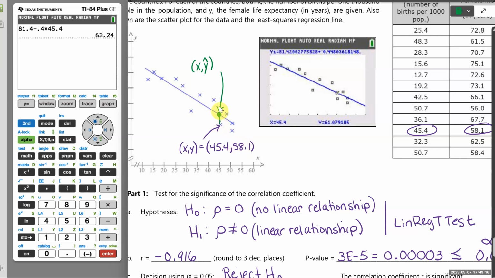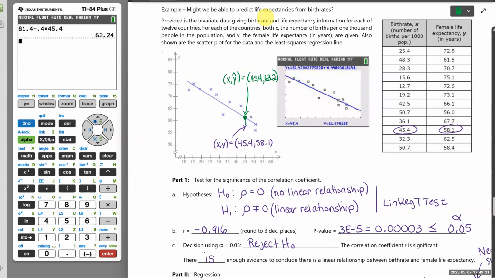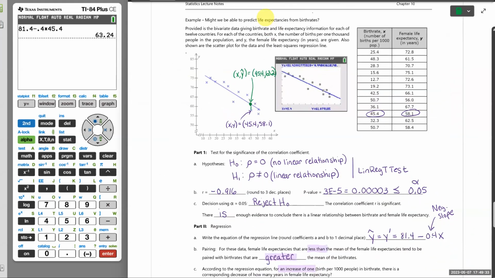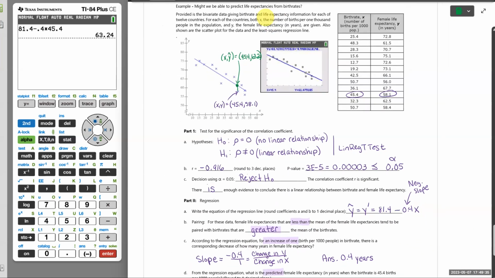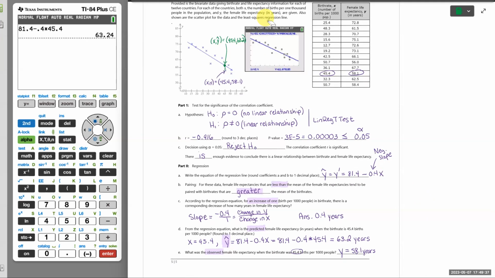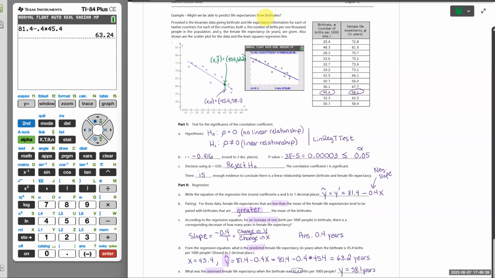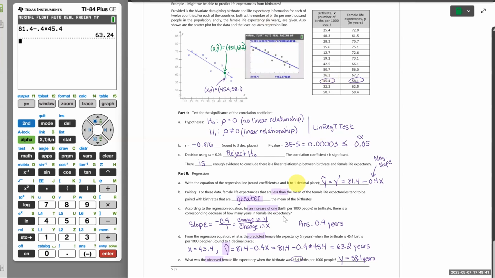So this country is a little bit below what I would expect on average. And then just to complete it here, so 45.4, and we predicted a life expectancy of 63.2 years. Okay, so that problem is a good summary of the whole process of correlation and then regression.